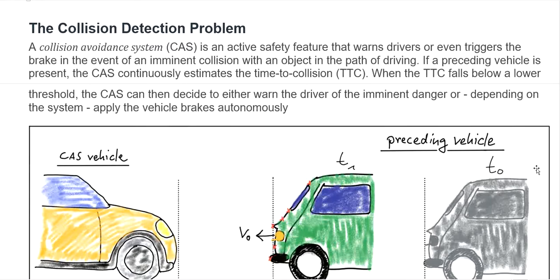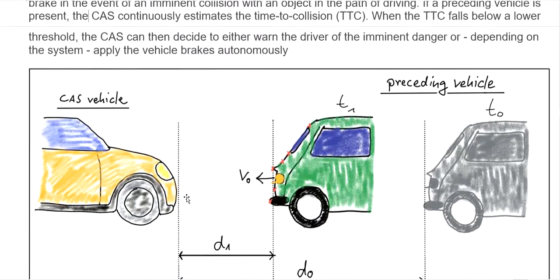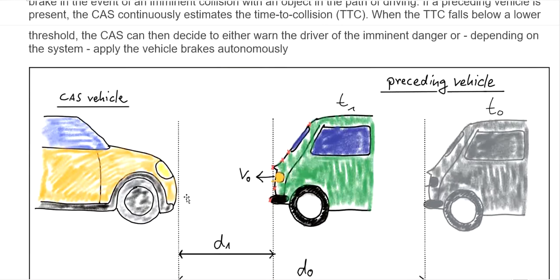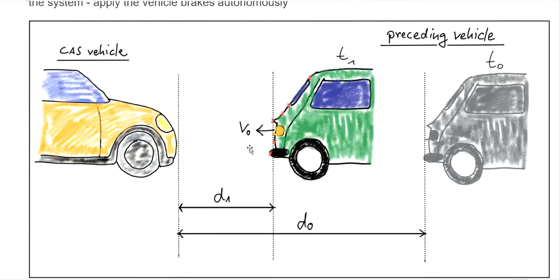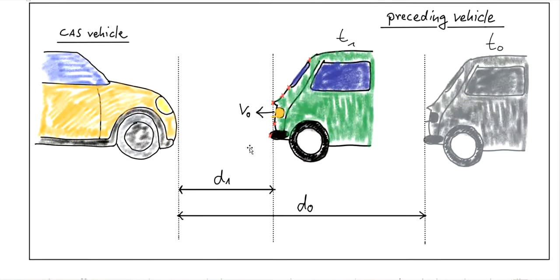If a preceding vehicle is present, the CAS continuously estimates the time to collision, TTC. When the TTC falls below a threshold value, the CAS can decide either to warn the driver of the danger or, depending on the system, apply the vehicle brakes autonomously. Something like this. It's really easy to understand.